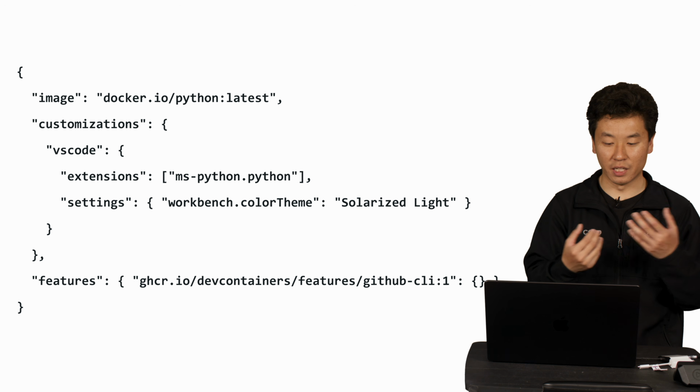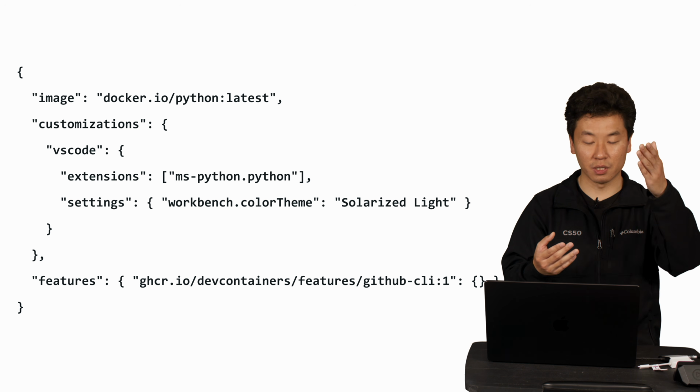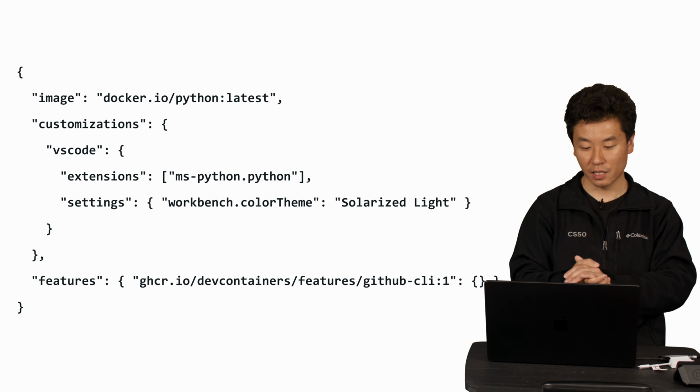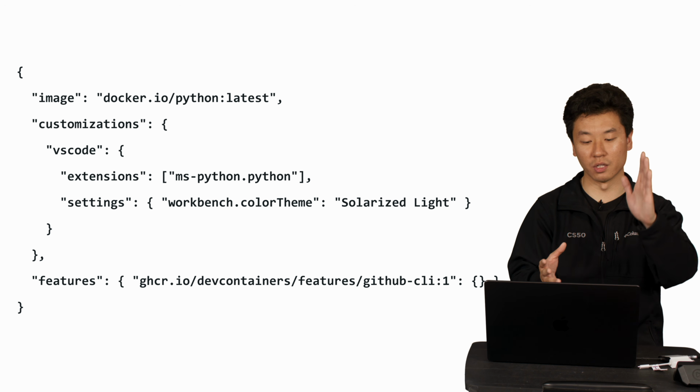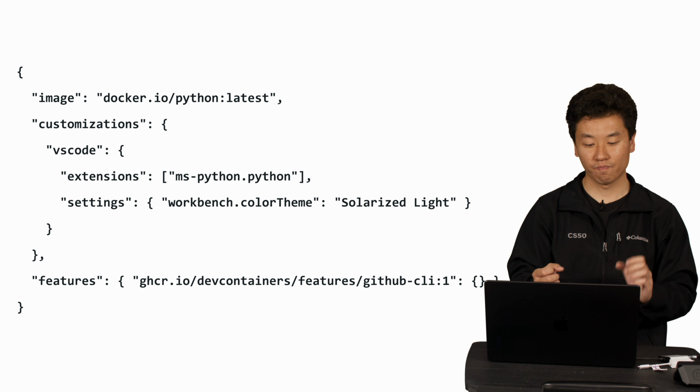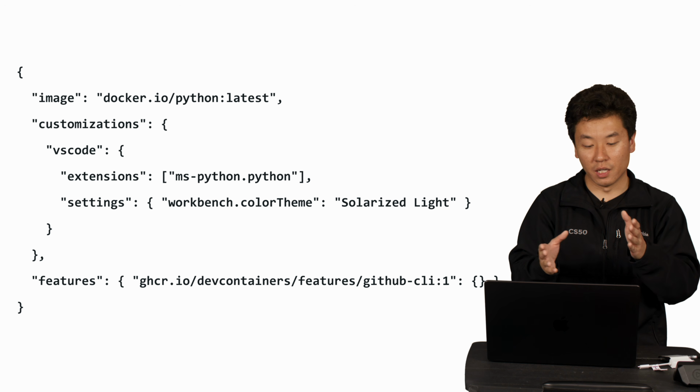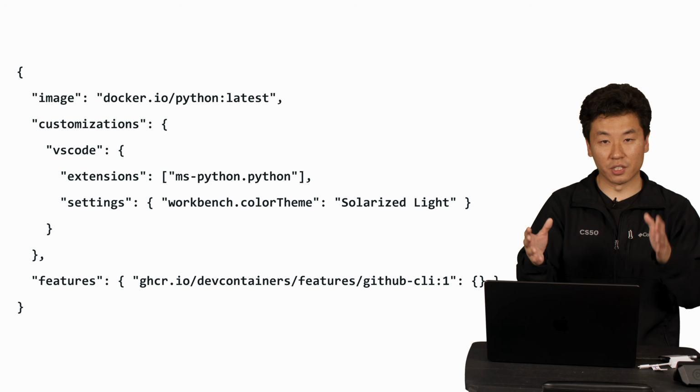In the CS50 scenario, we disable that through this devcontainer.json settings. And you can tinker with this setting however you want, as long as you follow the devcontainer.json guideline.